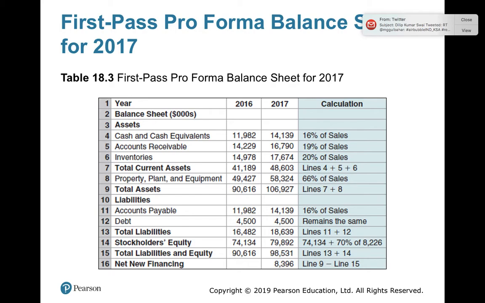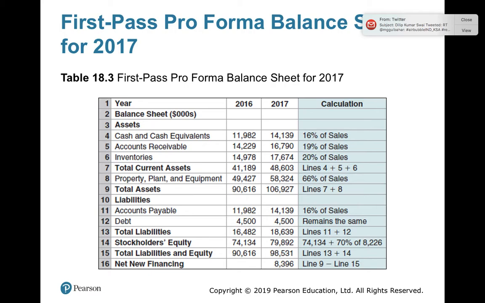Now dear students, our balance sheet identity will not work here. In chapter 2 we have seen the balance sheet identity: assets must be equal to liabilities and capital. These are the 2017 forecasted assets, not the actual. Your total assets are 106,927, but your liabilities are 98,531.